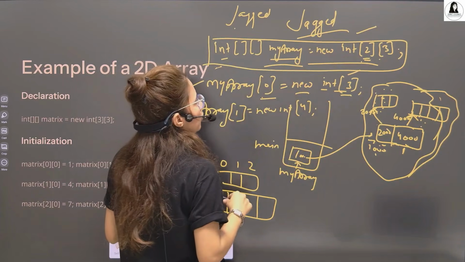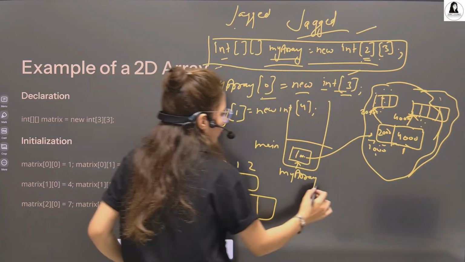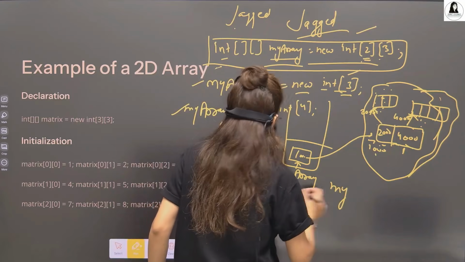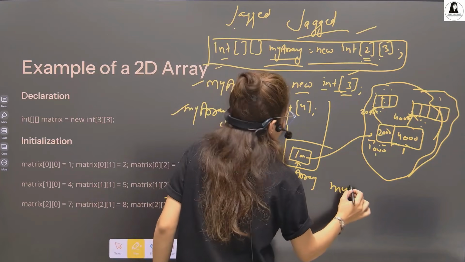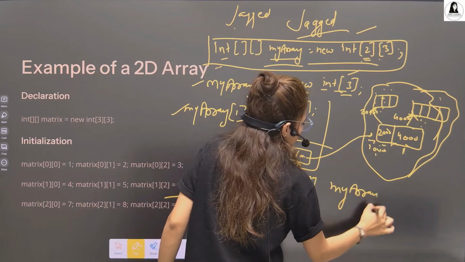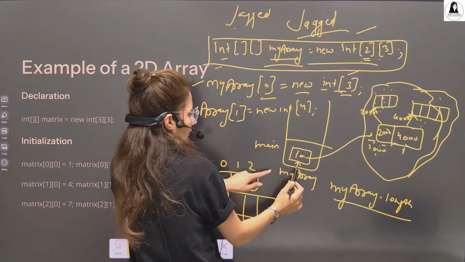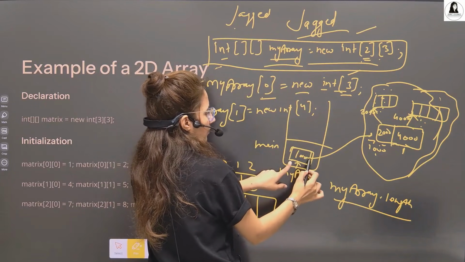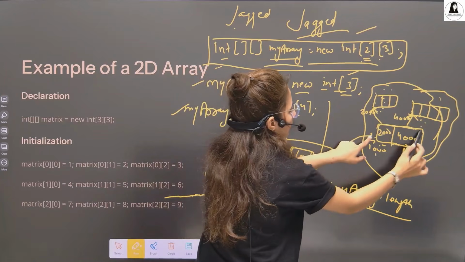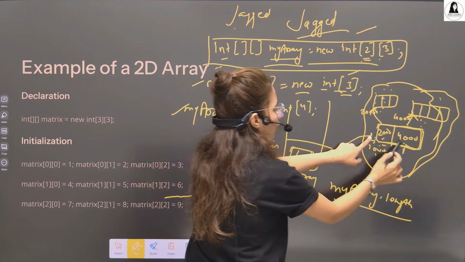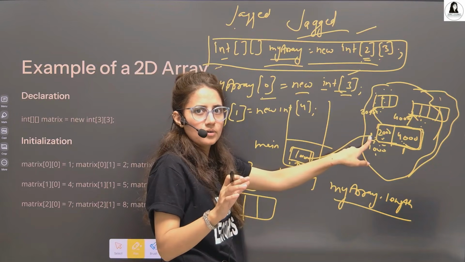So on this, if you want to print myArray dot length, I'm just writing myArray and the length field. So the length of myArray, this is referring to here. So the length of this is how many, what is length?